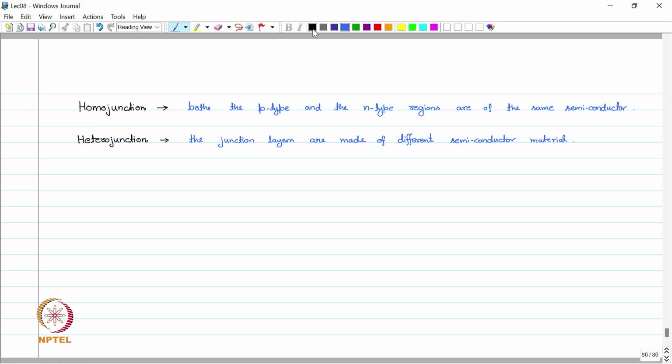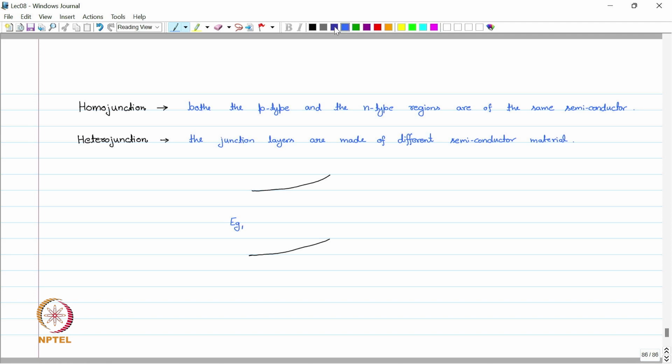If we draw an energy band diagram for these heterojunctions, on one side the band gap is larger, for example this band gap is Eg1.